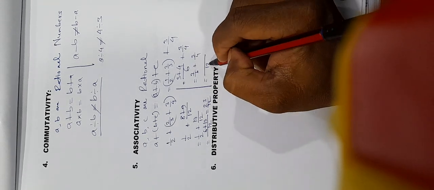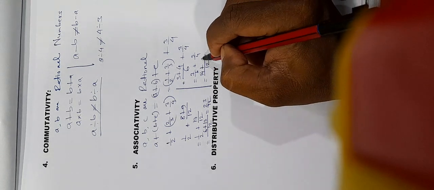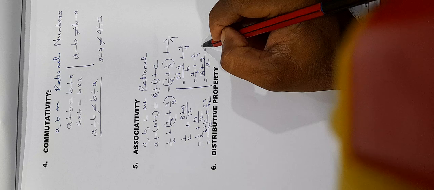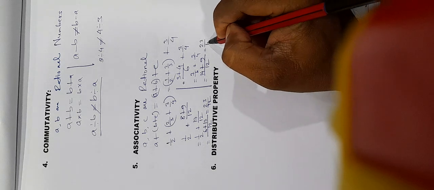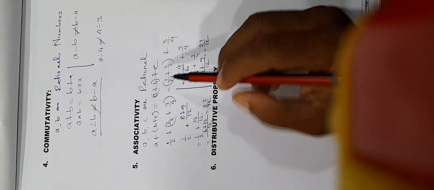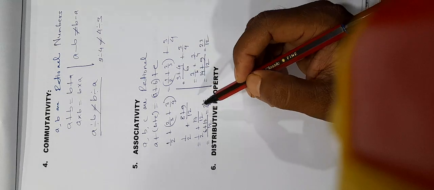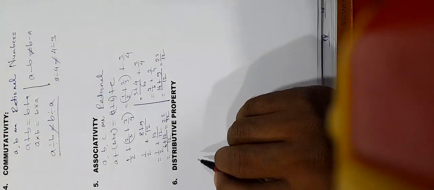LCM is 12. 6 twos are 12, 2 sevens are 14, 4 threes are 12, 3 threes are 9. Now 14 plus 9, 23 by 12. So you got the same result, 23 by 12. The associativity is followed by rational numbers. The same will be followed by real numbers also.